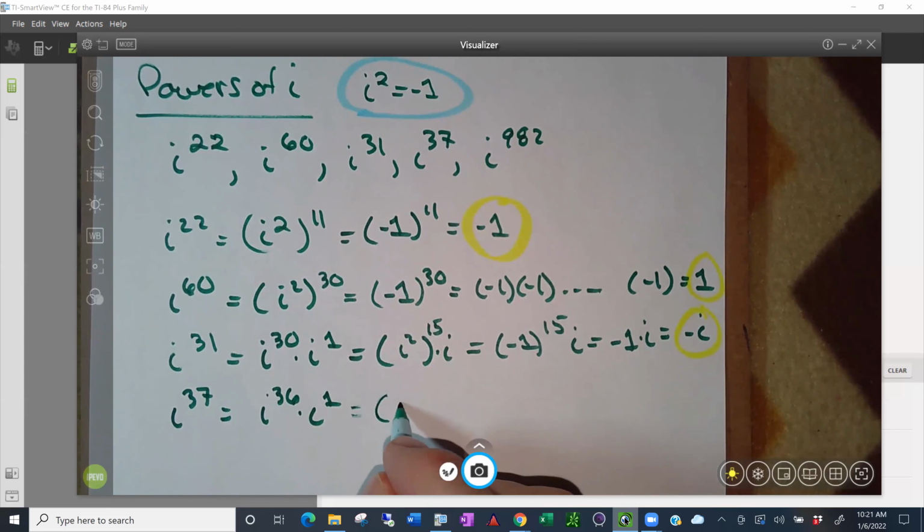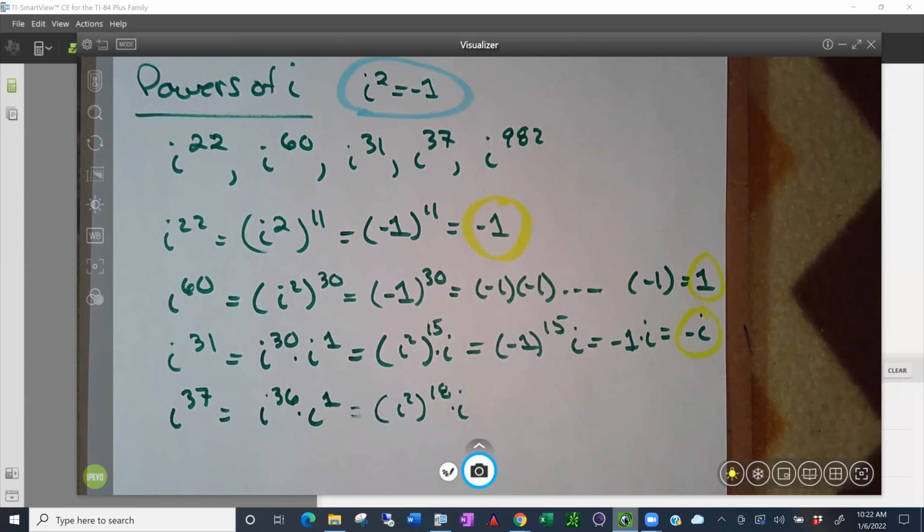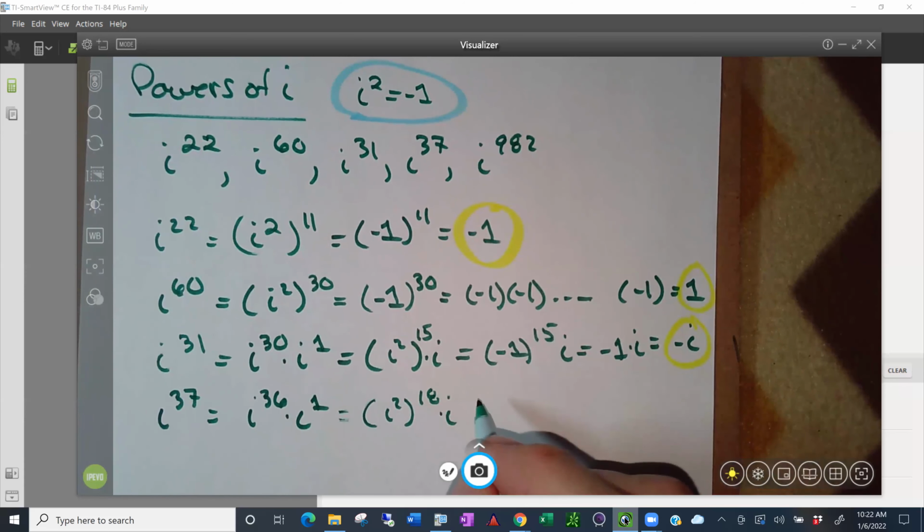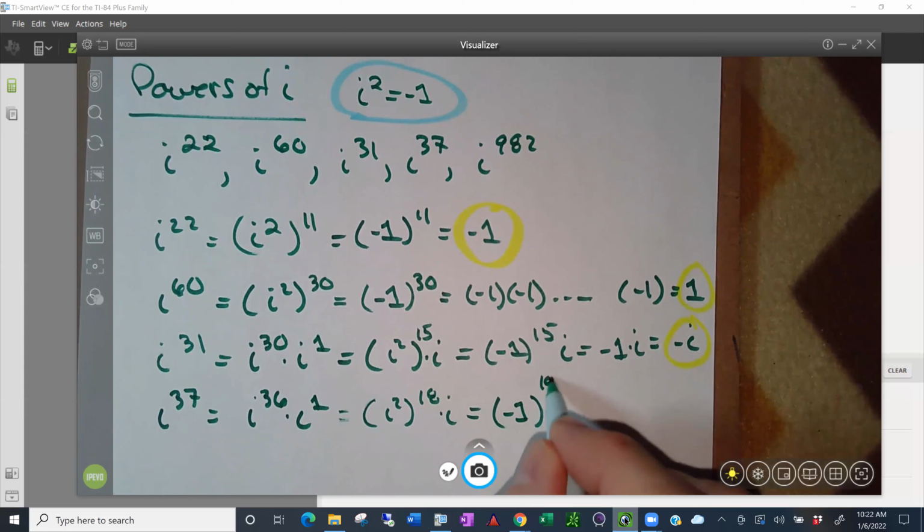Here's where I can get to work, though. This is i squared to the 18th power times i. See if you can finish it up. Then what? So it's going to be -1 to the 18th.